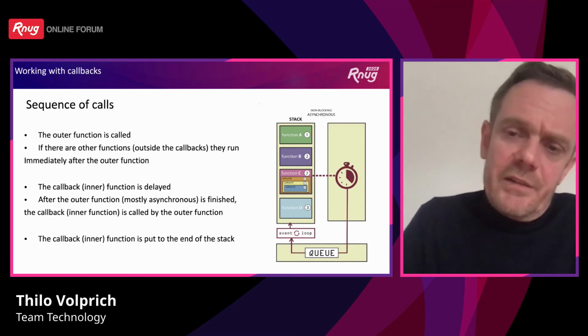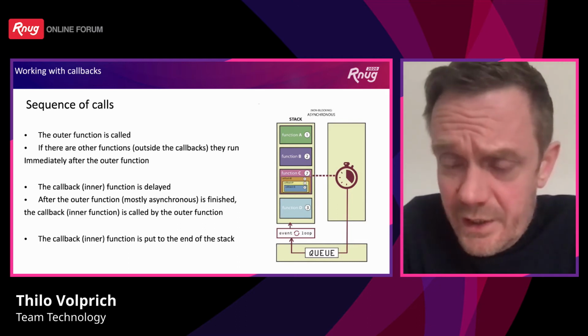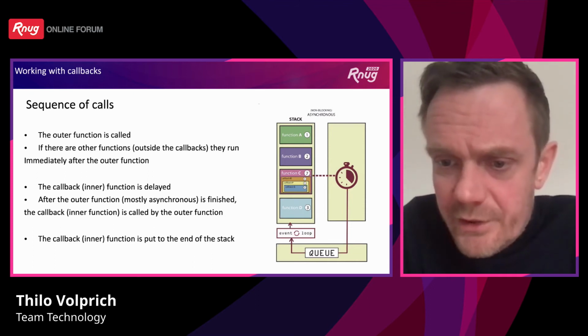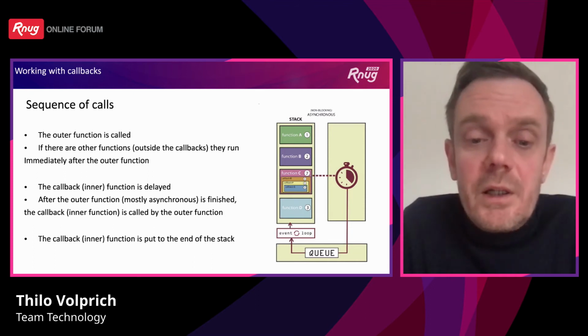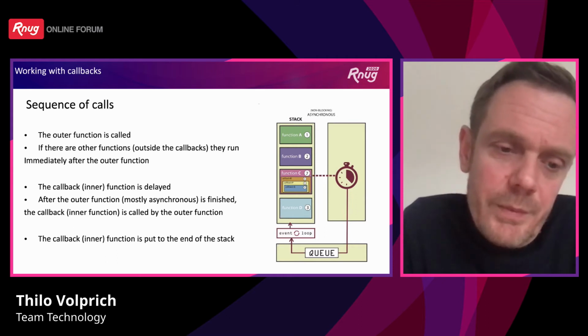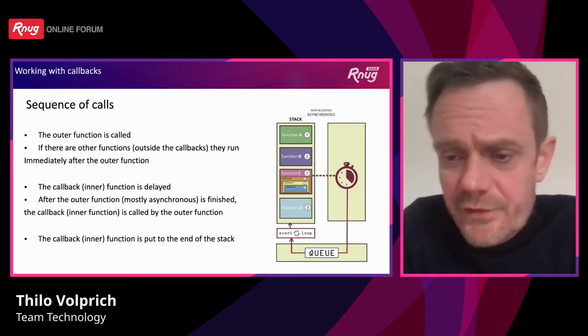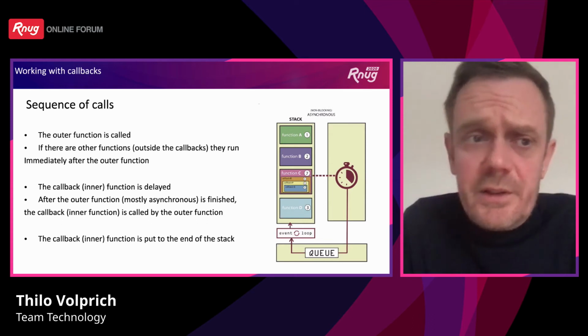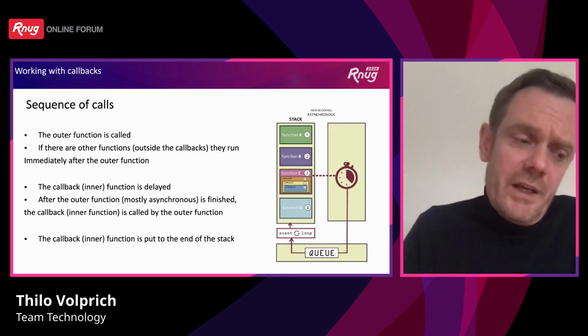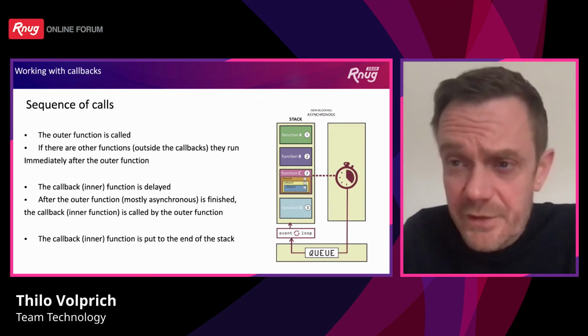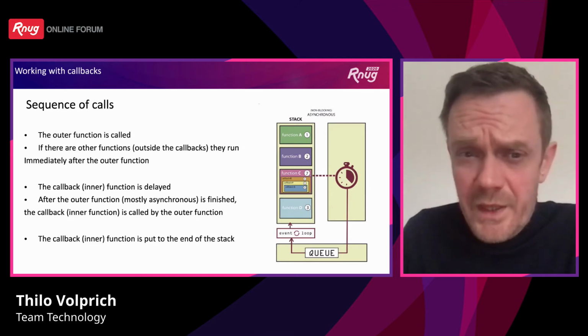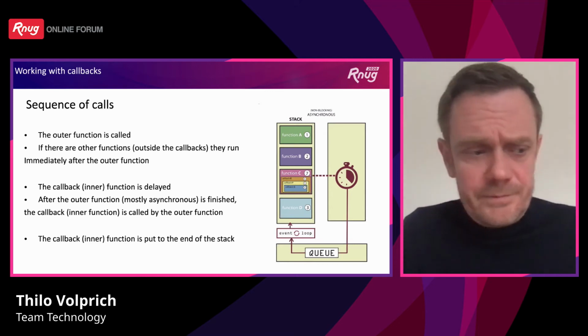You see on the right side what's happening directly, especially in the browser, and how this is being done. And as you have seen, the callback inner function is put to the end of the stack, and then it runs. And so we have a synchronous behavior, even if we are working with asynchronous code.